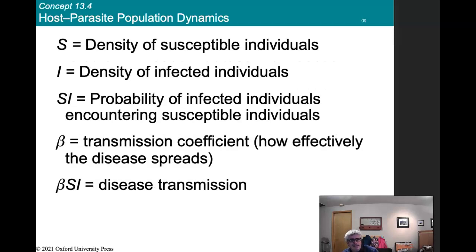So S is the density of susceptible individuals. I is the density of infected individuals. And we're talking about density here because you could have 100 individuals across 10,000 kilometers, or you could have 100 individuals across 100 square yards.